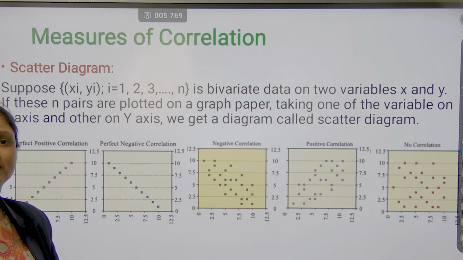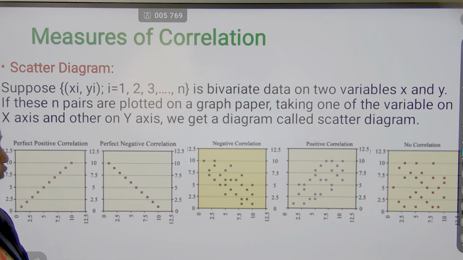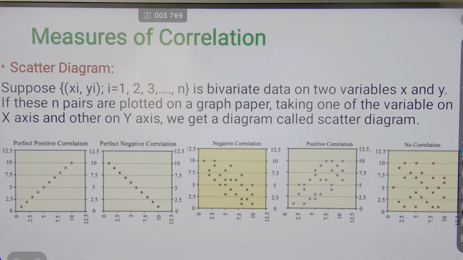If these n pairs are plotted on graph paper, taking one of the variables on the x-axis and the other on the y-axis, we get a diagram, and that diagram is called a scatter diagram. So there are 5 scatter diagrams. First one is the positive correlation. As the value of one variable increases, the value of the other variable also increases.